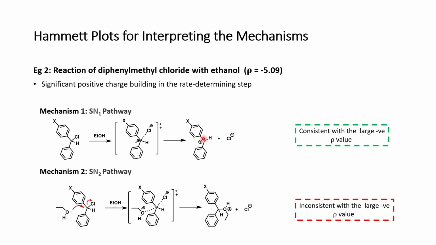And when it comes to the SN2 mechanism, even though it produces a positive charge, you can see there's little or no change in the charge on the carbon undergoing the substitution. So by looking at the rho value, we can see the most probable mechanism for the reaction of diphenylmethyl chloride with ethanol is the SN1 type pathway.